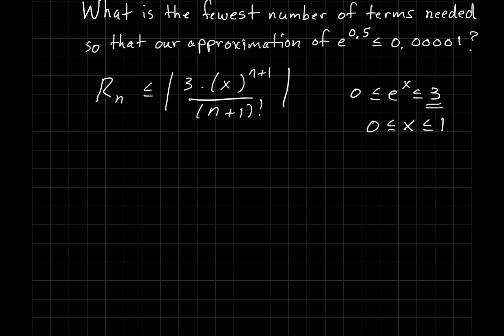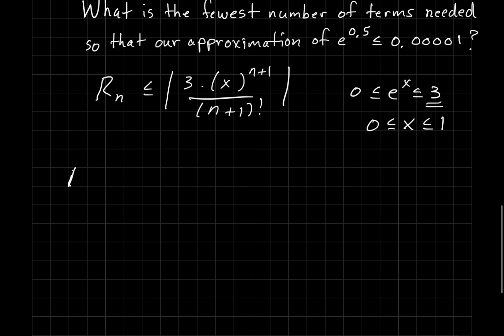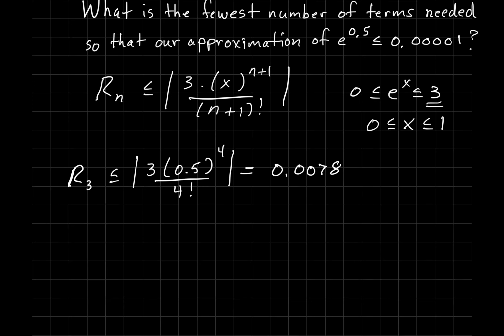What if I did, let's let n equal 3. Then my error is no more than 3 times 0.5, that's the x value I'm trying to approximate for the function. So I do 0.5 to the fourth over 4 factorial, which gives me 0.0078, which is not less than the error needed.